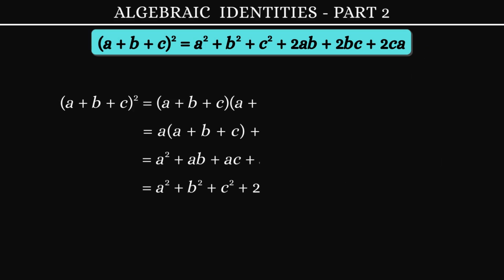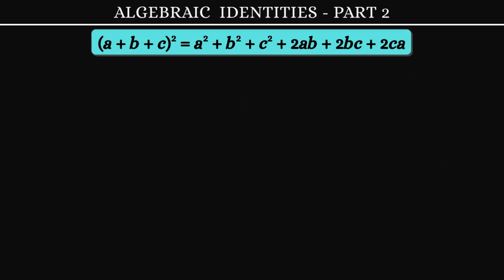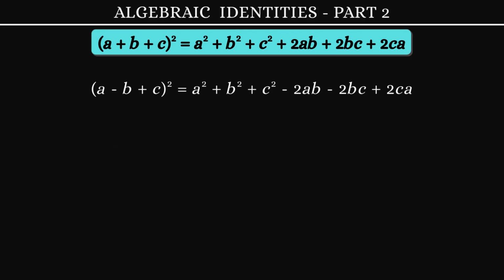Next, let's see what happens when one of these three variables is negative. Let's say we have a minus b plus c the whole squared. This becomes a squared plus b squared plus c squared minus 2ab minus 2bc plus 2ca.